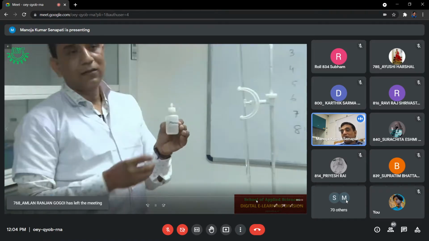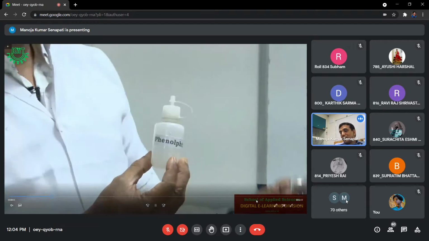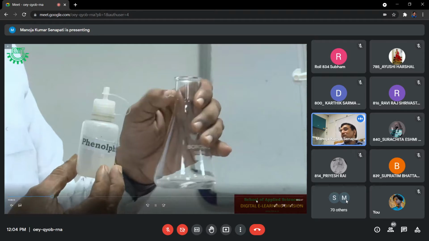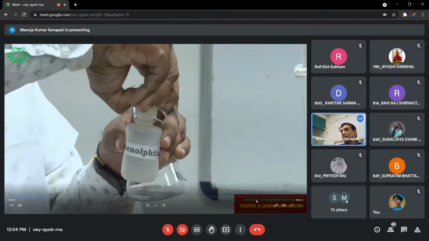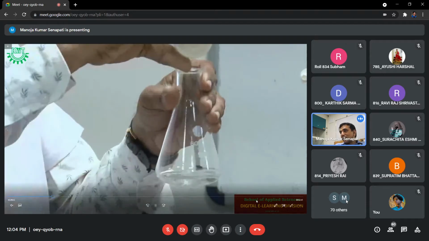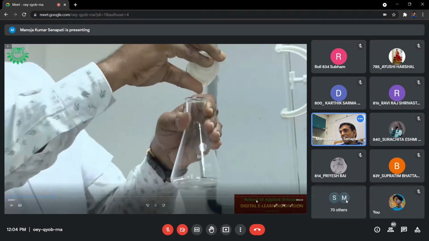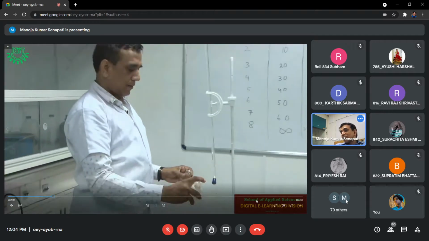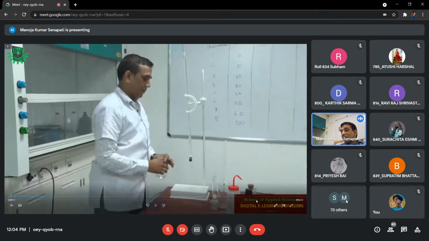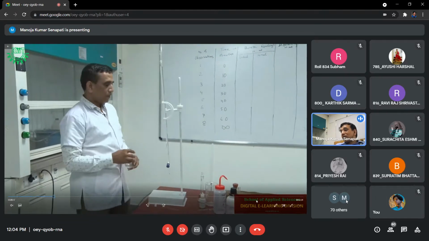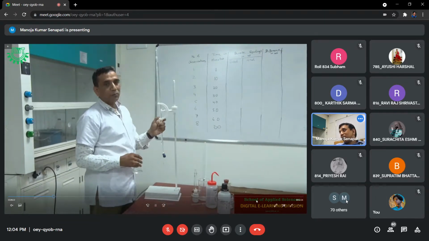When you add phenolphthalein indicator to an acid medium, there will be no change in the color of the solution. Phenolphthalein is a colorless indicator. Add 1 or 2 drops. There will be no change in the color of the solution. Now you carry out the titration with sodium hydroxide till the color changes to pink.